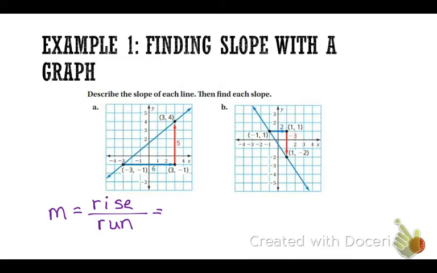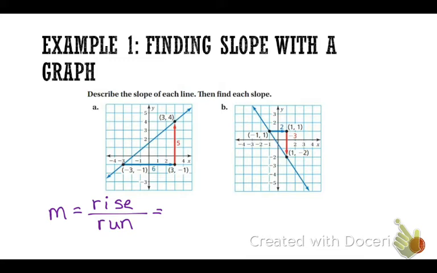So which value, x or y, do you think stands for rise? Rise is your y value and run is your x value. You will never run backwards, okay? So if your slope is negative, that's because your rise is negative. We'll look at that on point B.